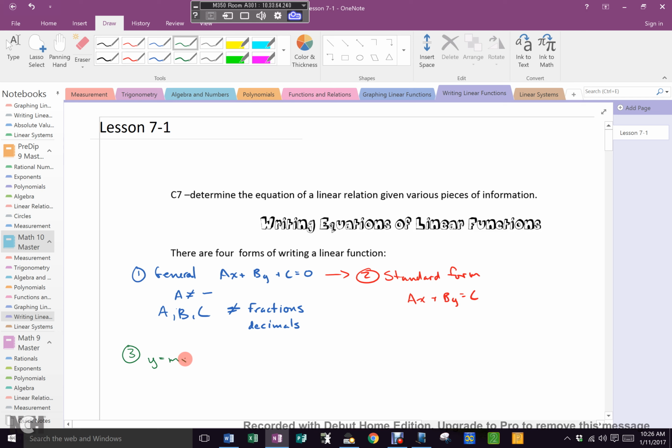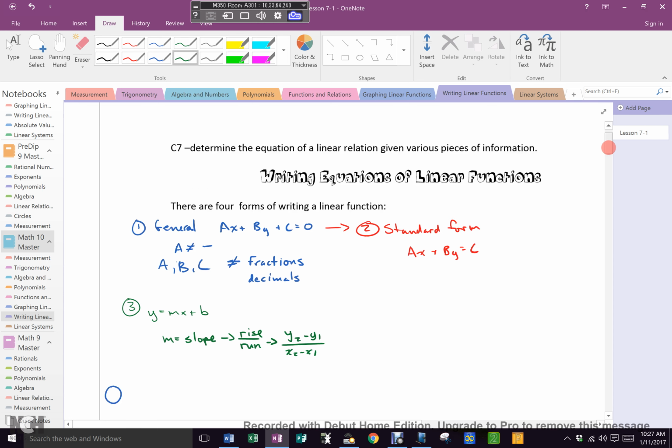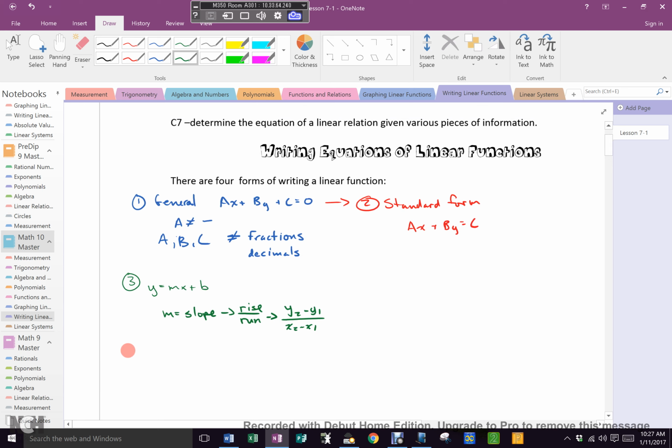y equals mx plus b. What do we know about that one? M equals slope. But what else does slope equal? Rise over run. And what else does slope equal? Remember, that can go in for M. And B is what?